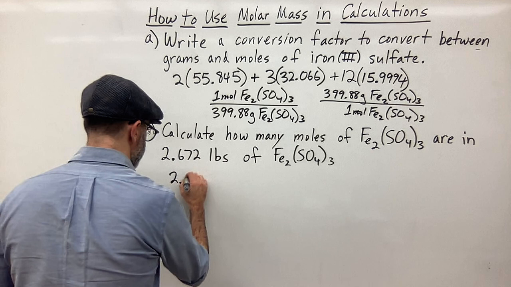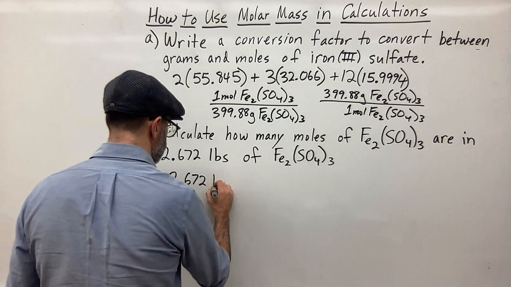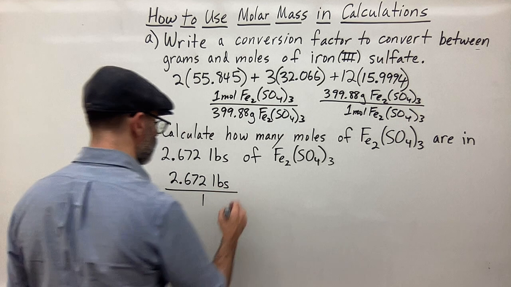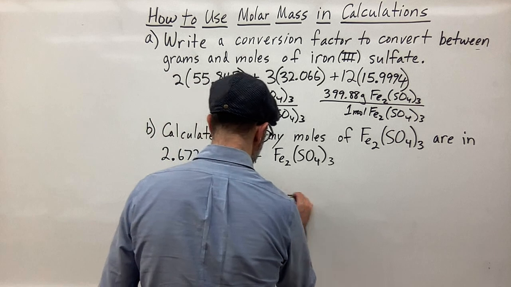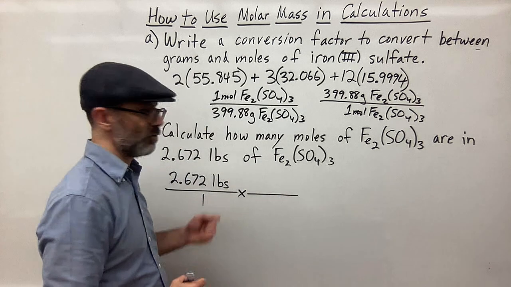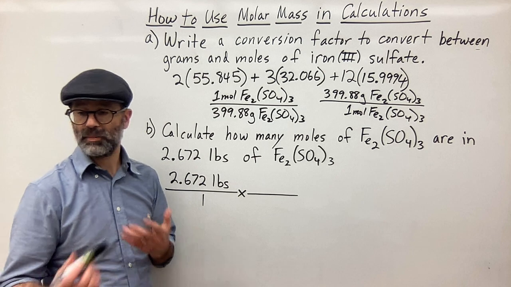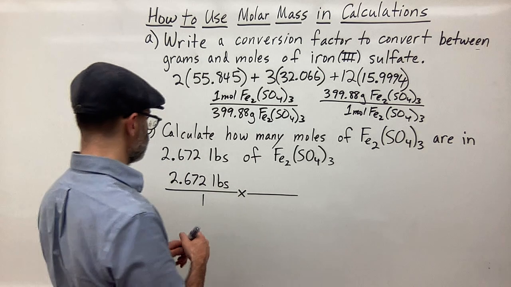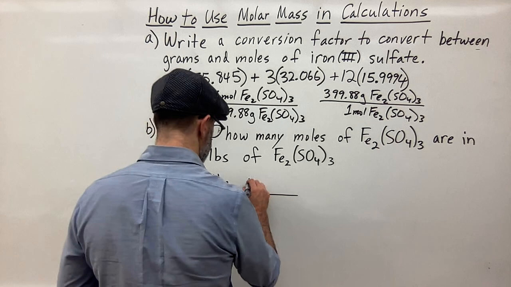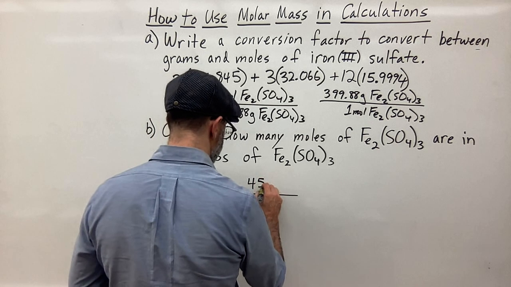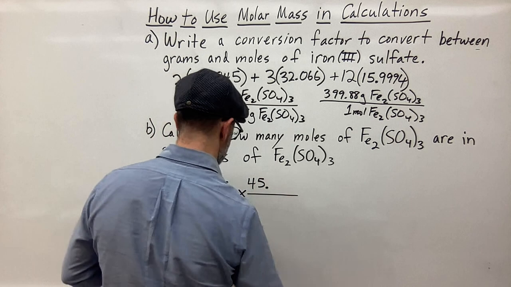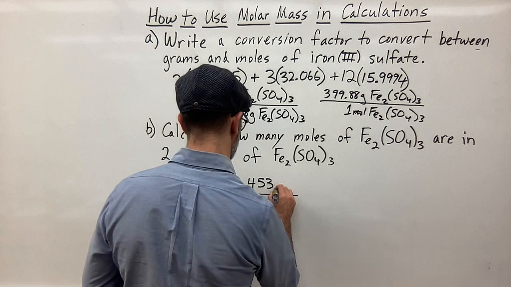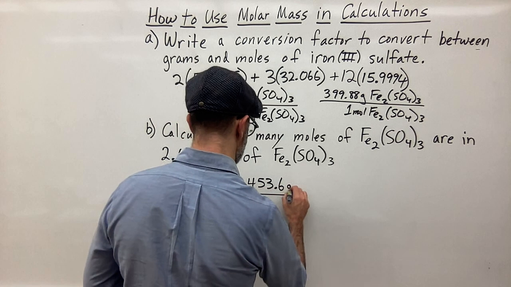So I have 2.672 pounds over 1. And then now I need a conversion between grams and pounds. So you can look this up. The conversion that I'm using is 453.6 grams.